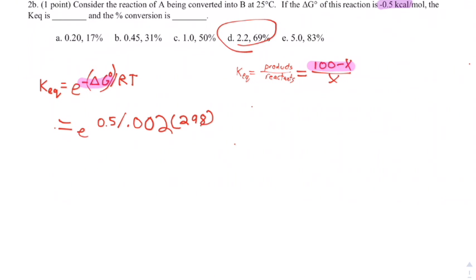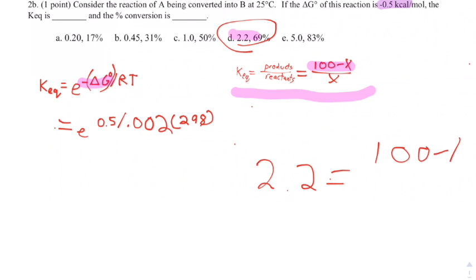If you want to again match the percentage as before, all you have to do is plug the first value that we just solved for into this equation. Again, we care about the 100 minus x part because we want to know what became the product. So we would plug in 2.2 equals 100 minus x over x.